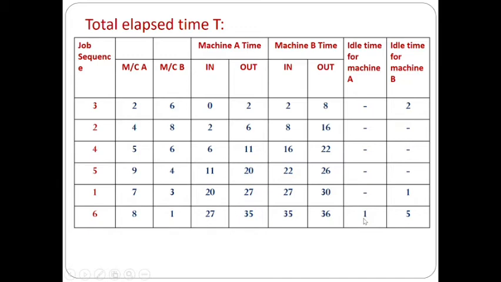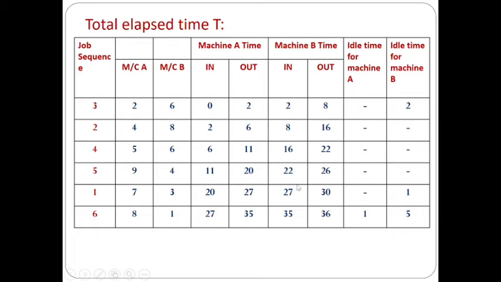In the same way we have to calculate the idle time of machine B. Here the time in of the first job is 2 minutes. So from 0 to 2 minutes it is idle time for machine B. That's why 2 minutes is given as idle time for machine B here. Then after starting, it works up to 8, then 8 to 16, 16 to 22, 22 to 26, 27.